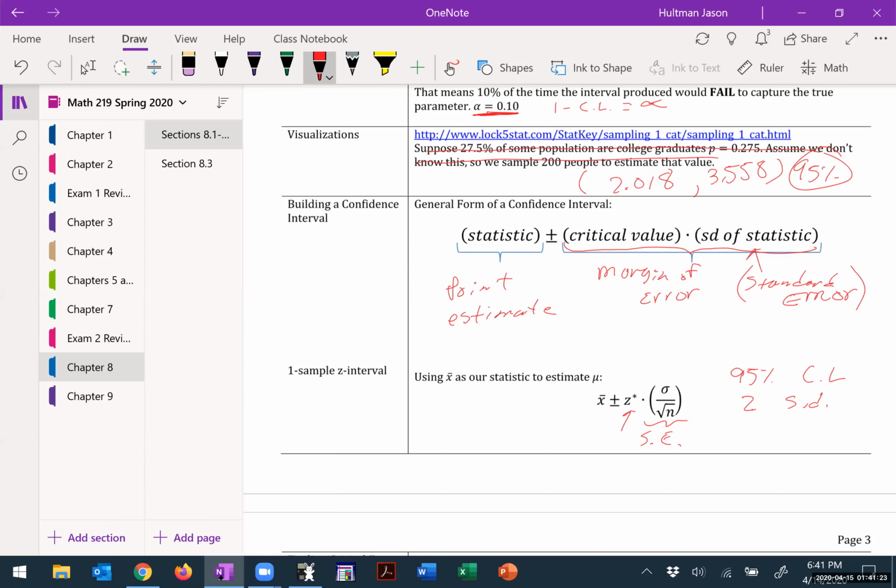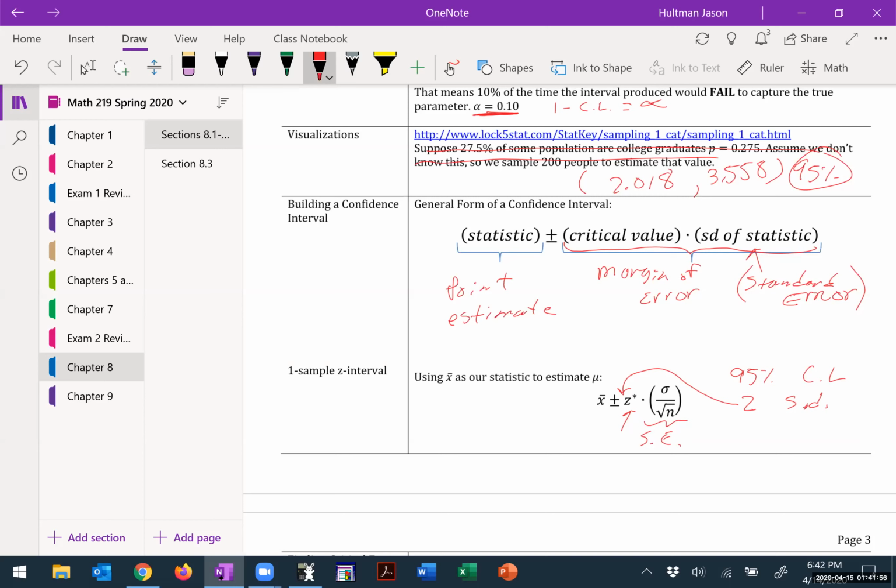The Z star for 95% is 2. It's really about 1.96, but 2 is fine to start off thinking about this.